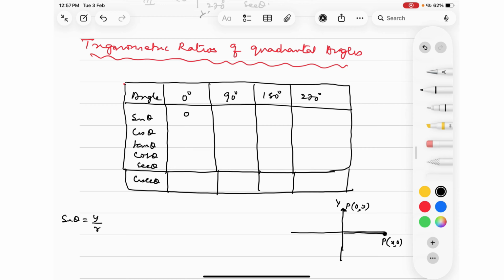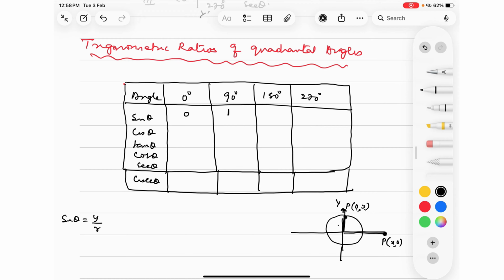So if you ask me what is sine 90, since x is 0 and y is not 0, the radius of the circle at this point will be the same as y. Let us say this is the point P. So x will be 0, y will be the same as r. Therefore sine theta will be 1 at 90 degrees.